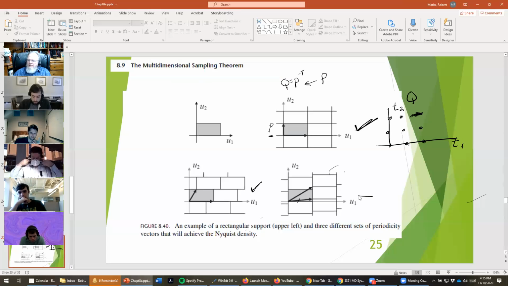Now over here, what we're going to have is a different sampling matrix. And I believe that, well, the sampling matrix here is going to be a little bit different. I think it's going to be something like this.